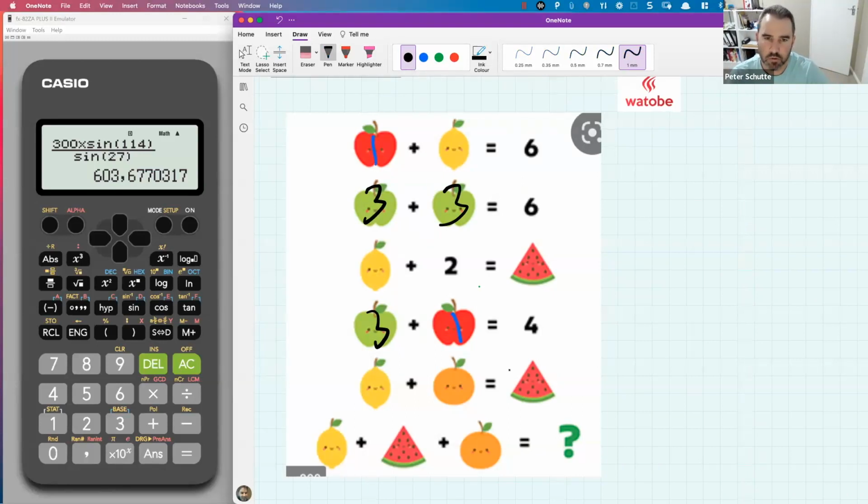Watermelon is 7. How do we know the watermelon is 7? Oh, because we know that this must be 5, hey? So then watermelon is 7.